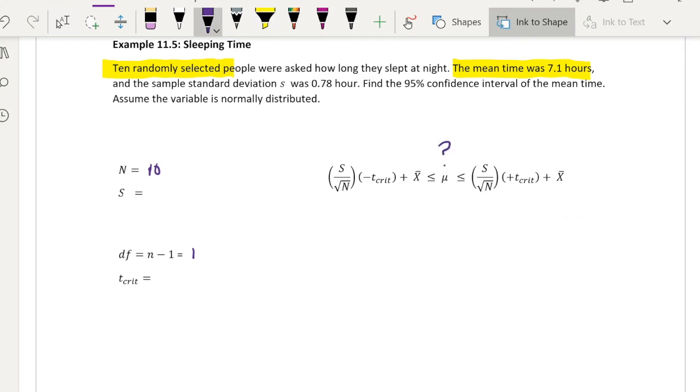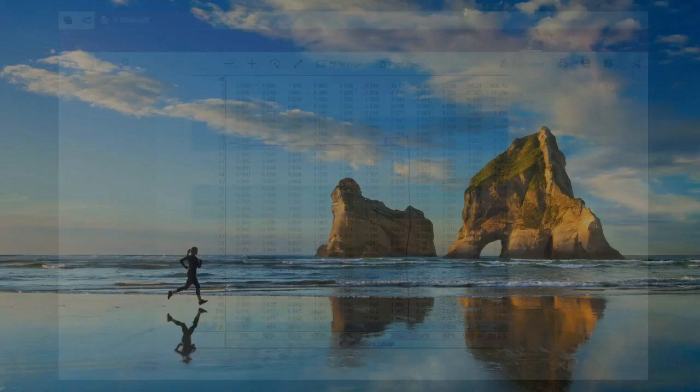Actually, the whole reason we're doing this problem is so we can guesstimate what the population mean is going to be. The sample standard deviation S was 0.78. So I'm going to say X bar is 7.1. My degrees of freedom are going to be 10 minus 1. So let me go to my fabulous table.